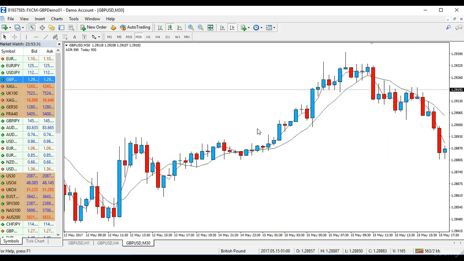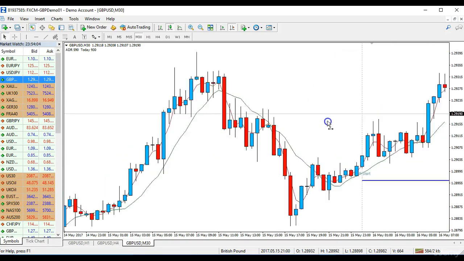So when you see this 3 period simple moving average and these candles moving up very, very fast, that tells you there's a lot of energy in the market. And when you trade, at least in my systems, I want to look for a lot of directional energy in the market, because I want to trade in the direction of the market energy. So that's what I use these indicators for.